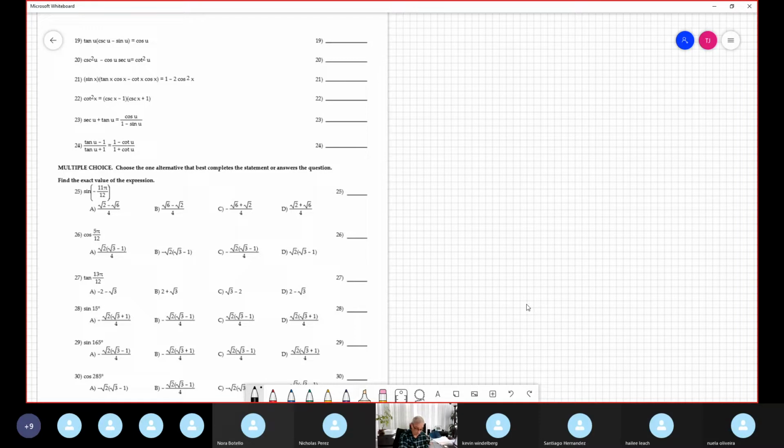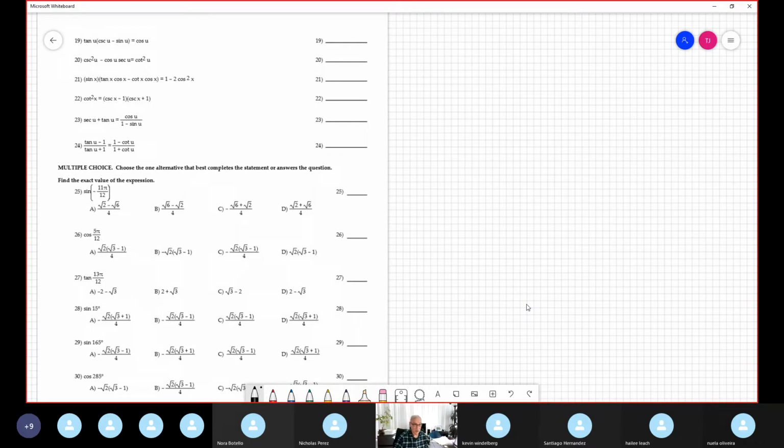Suppose you are doing the applications in chapter 3: you don't need the exact answer, you need the approximate answer to solve any problem of physics or engineering, and you put it on a calculator and end of story.